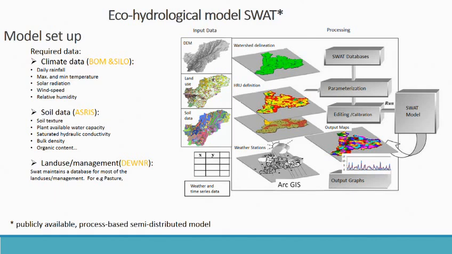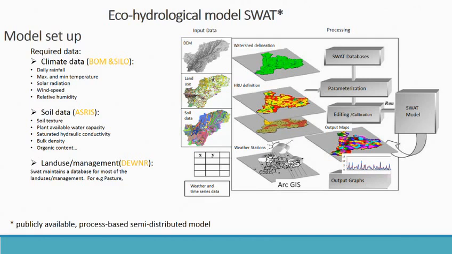This can be obtained from ASRIS, the Australian Soil Resource Information System. We also require the land use map and the management operations, such as application of fertilizer and irrigation. Because we are using land use, and it has vegetation, and vegetation has some influence on the water balance, we call it an eco-hydrological model.